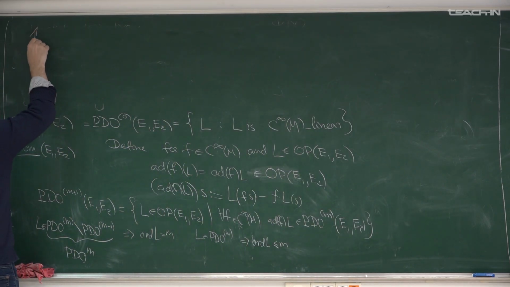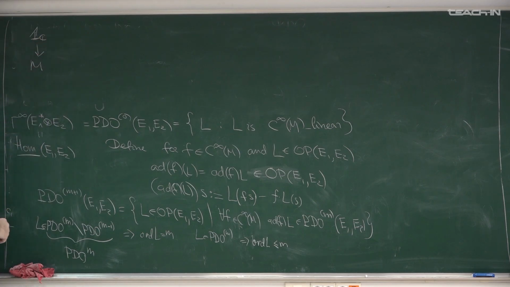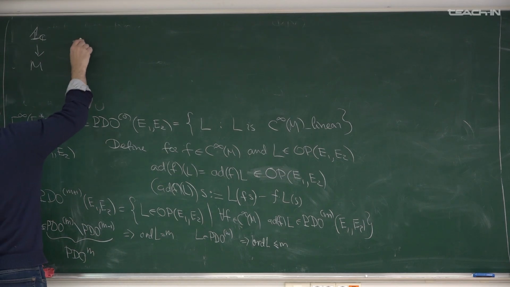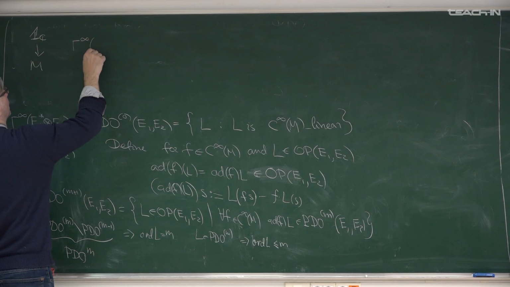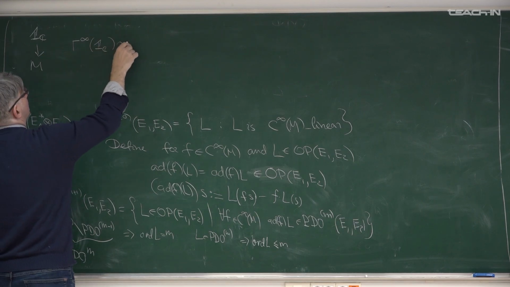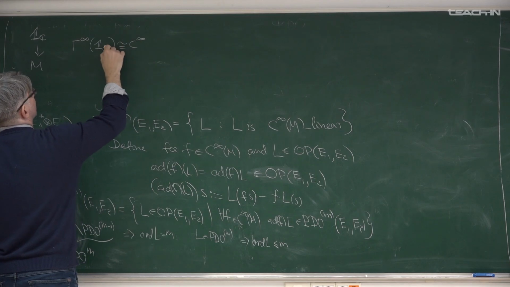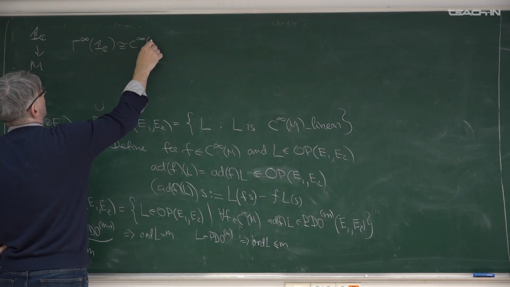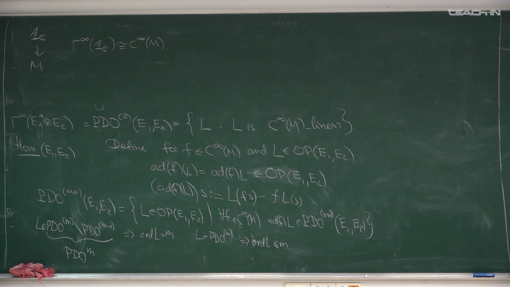Assume we have a one-dimensional complex vector bundle over a manifold M. Then its smooth sections can be identified with smooth functions on M. Because what is a section? At some point, you assign a number on the line. So that's just a smooth function.